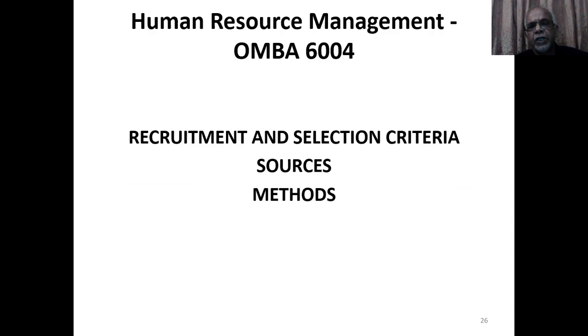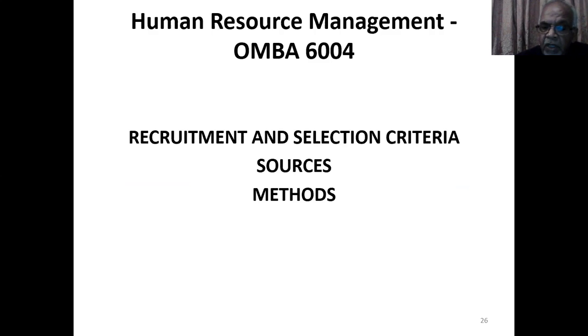The next stage is to define the criteria. That is, what are the requirements in terms of knowledge, in terms of skills, in terms of personality attributes that a candidate should possess. Now, once we have finalized the criteria, we have to ensure that we can attract a sufficient number of qualified people, suitably qualified people for the vacancy.